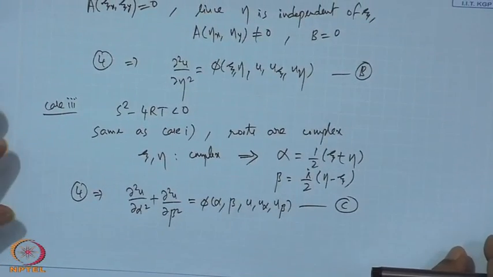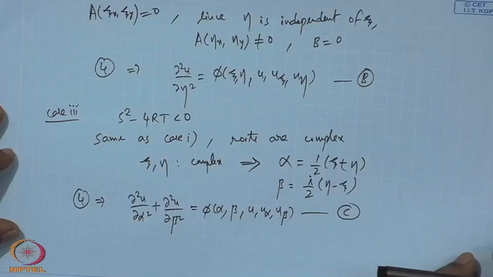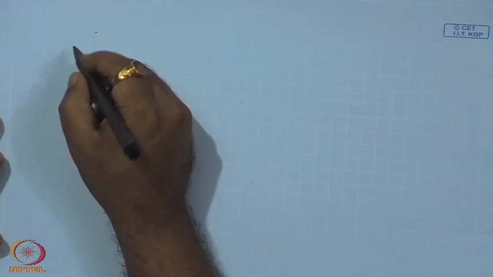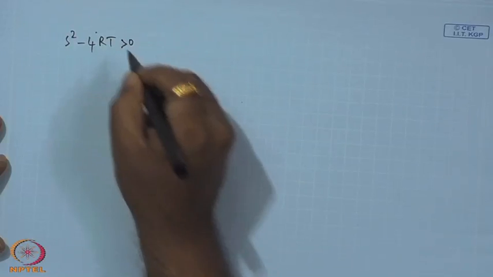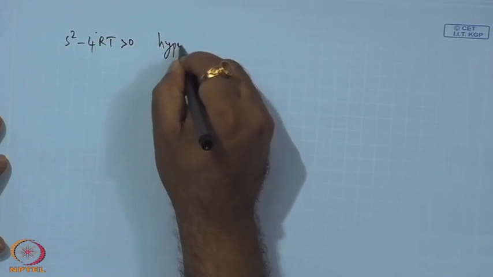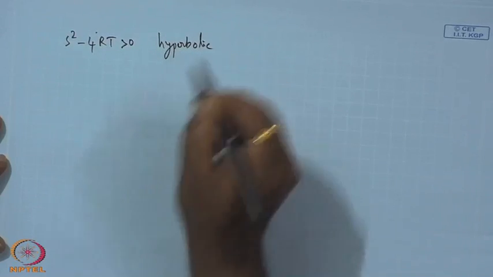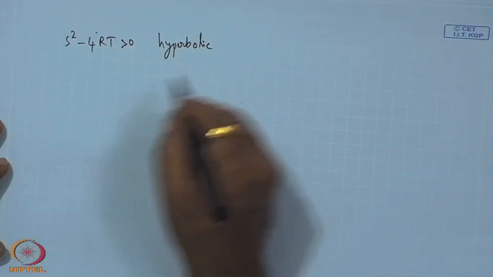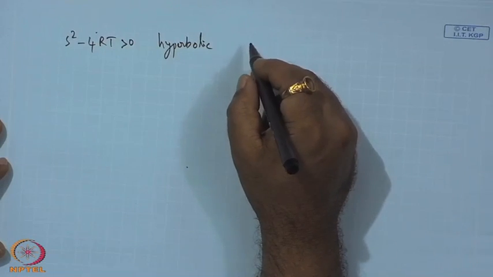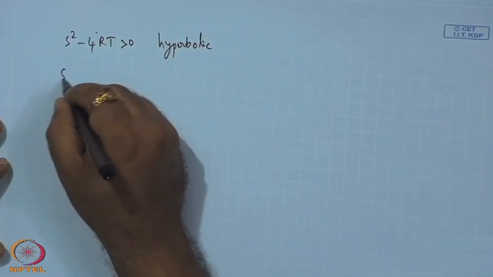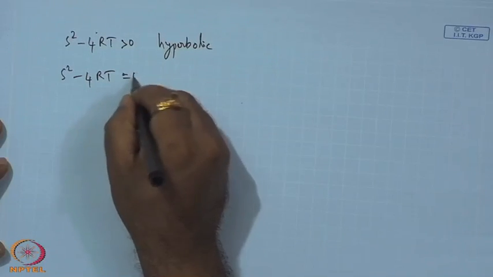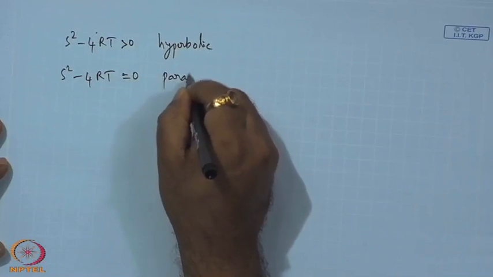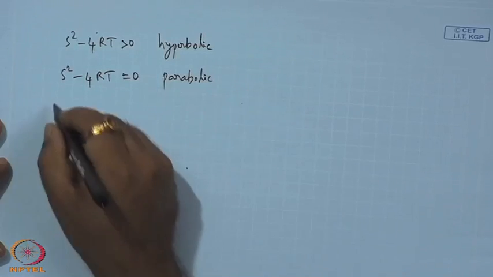So, what is the representation corresponding to each of the cases? s squared minus 4 r t greater than 0, then the equation is called hyperbolic. Then s squared minus 4 r t equals 0, parabolic.